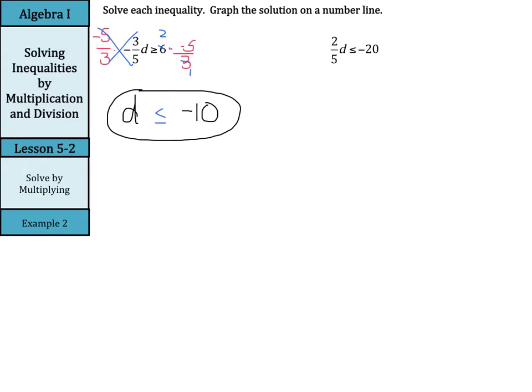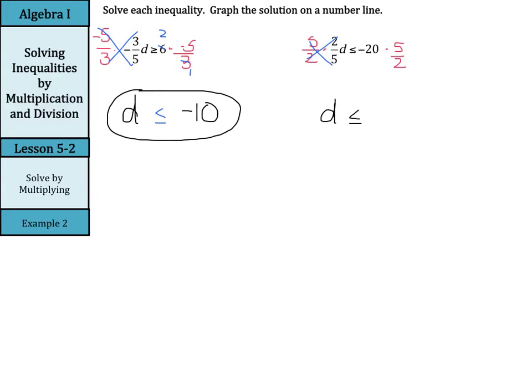What about 2/5 d is less than or equal to negative 20? Well, again, multiply by the reciprocal on both sides here. And once again, this cancels out. And we're left with d is less than or equal to, but wait a minute, there's a negative number and we're multiplying.